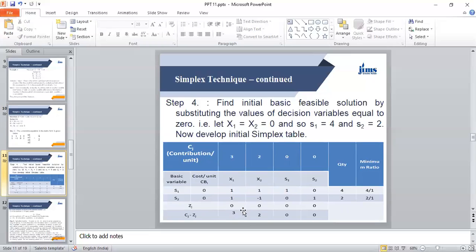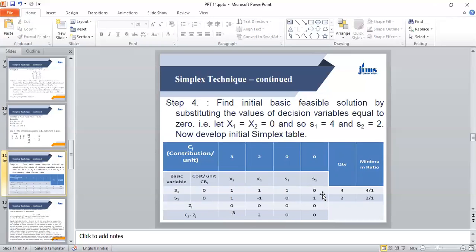So 1 into 0, 0, 1 into 0, 0, 0 plus 0 is equal to 0 here. Similarly, 1 into 0, 0, 1 into 0, 0, this is again 0. Likewise, we write all the values of Zj. So in most of the cases, you will find that Zj is generally 0 in the case of maximization problem. Only in the maximization problem, remember, in the initial table.